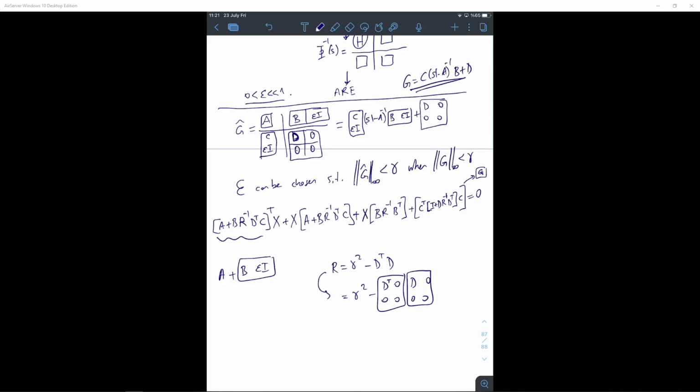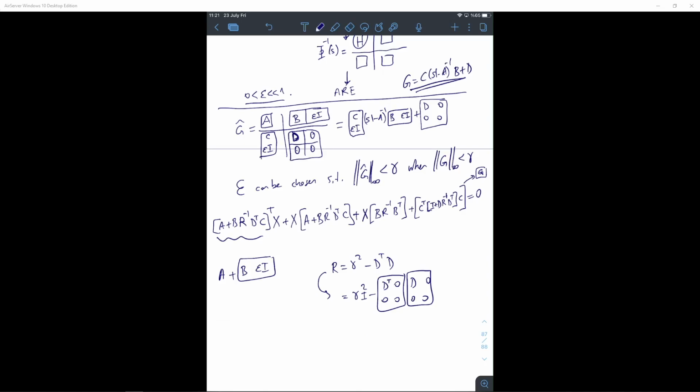If we compute this, D transpose D, since this is identity, let's do it one by one.